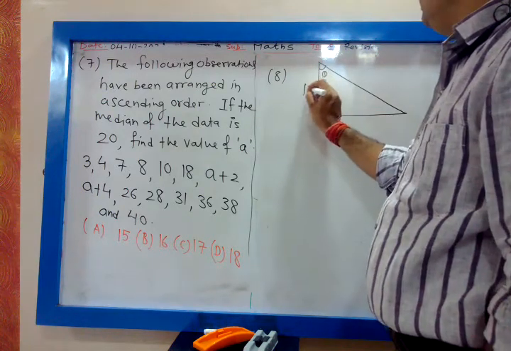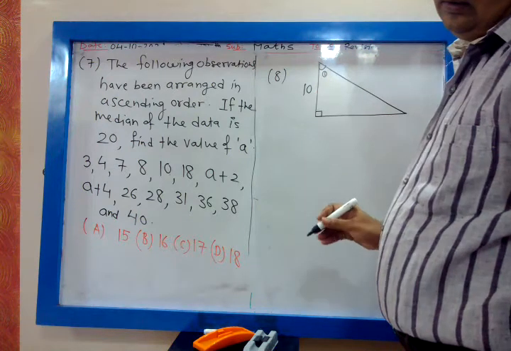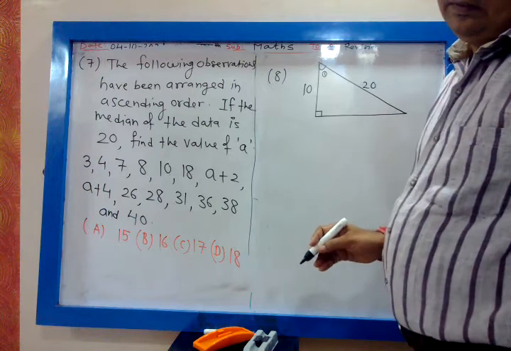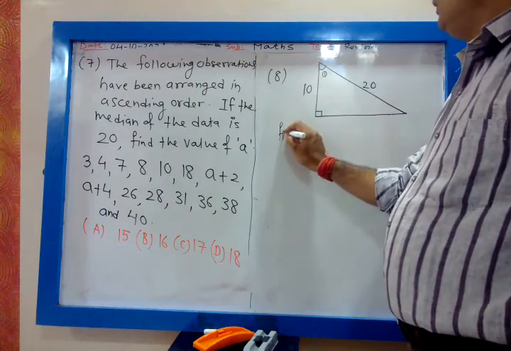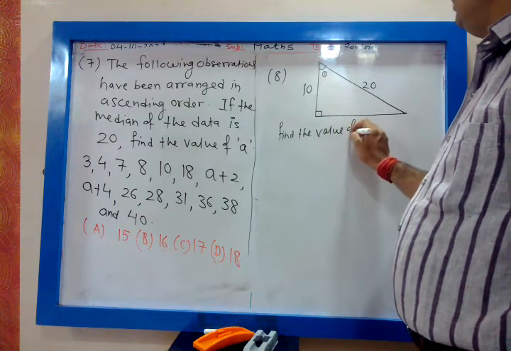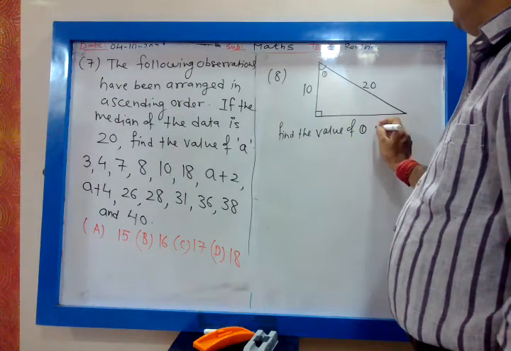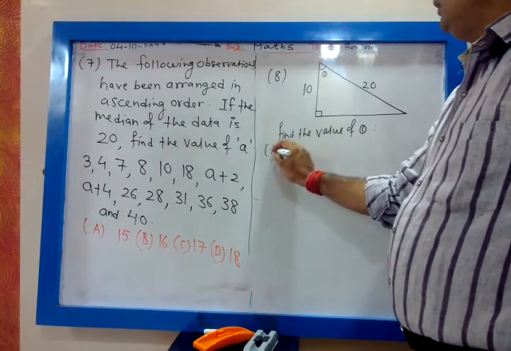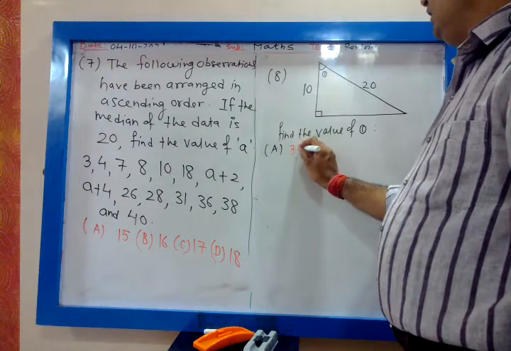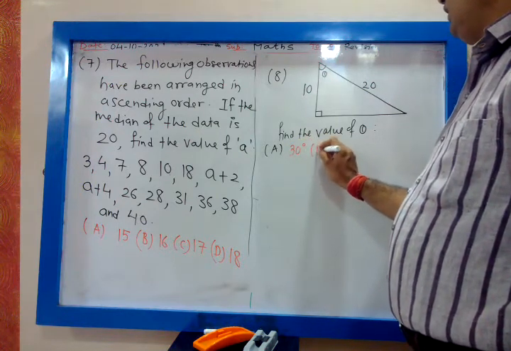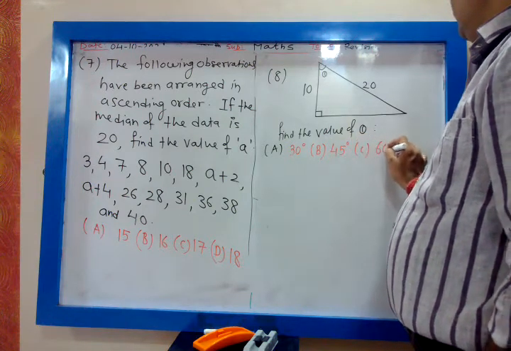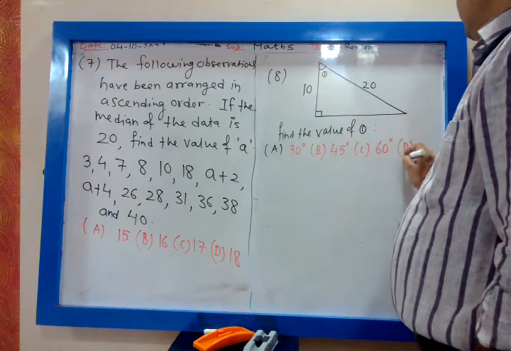This value is given 10. This value is given 20. Find the value of theta. My reference angle is theta. Option A 30 degree, B 45 degree, C 60 degree, and D is 0 degree.